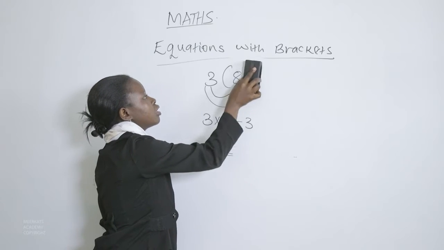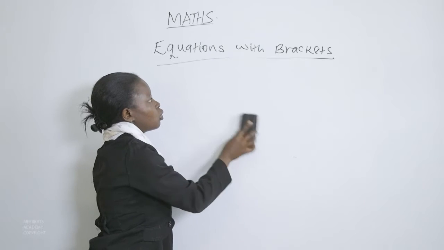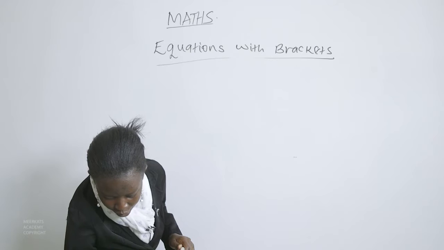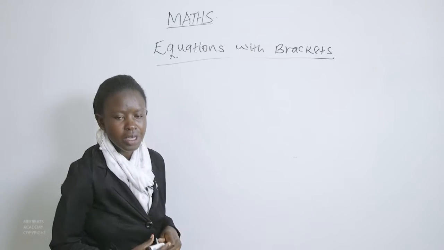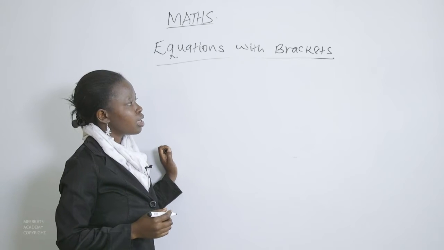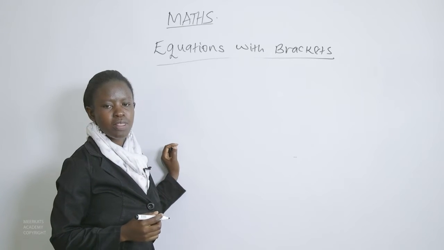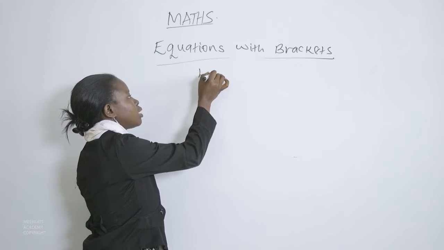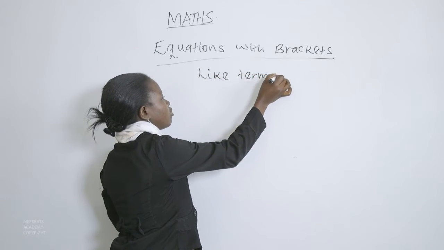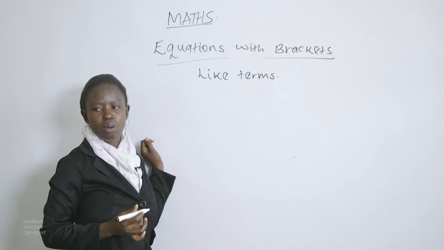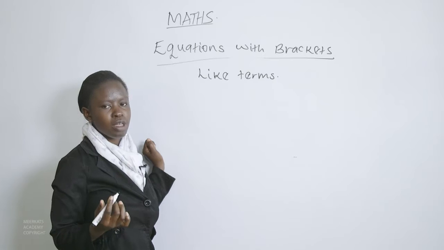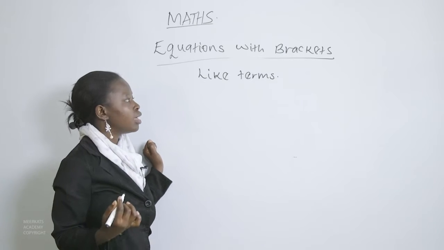In connection to expansion, after expanding, you can come up with various terms that may be like terms, and you need to simplify. So we need to ask ourselves, in an equation or an expression, what do we mean by like terms?